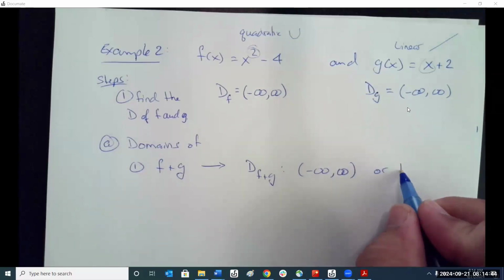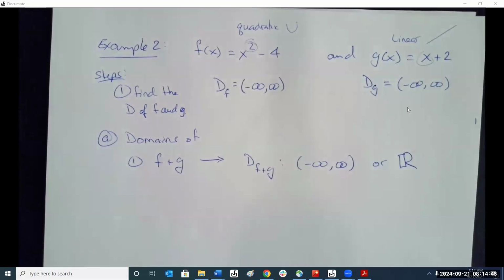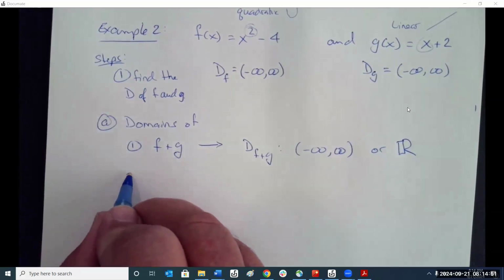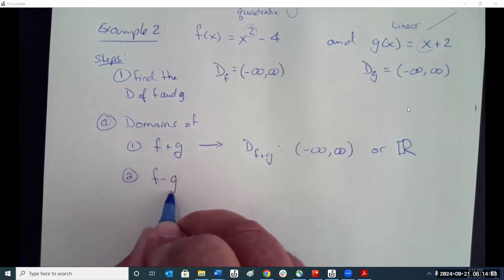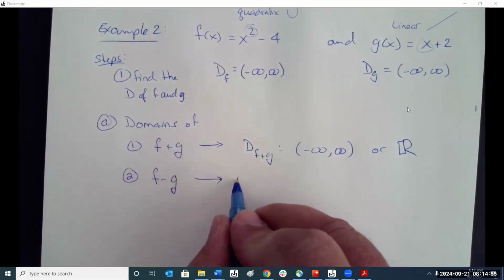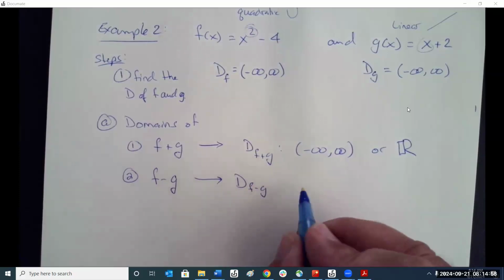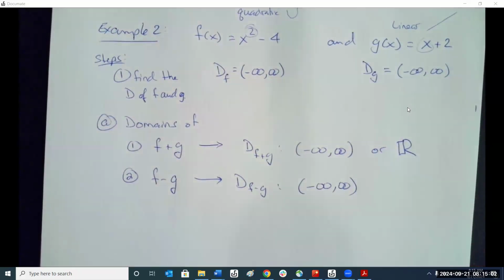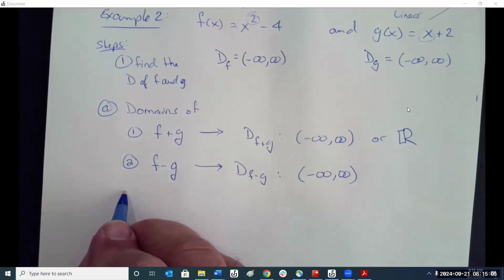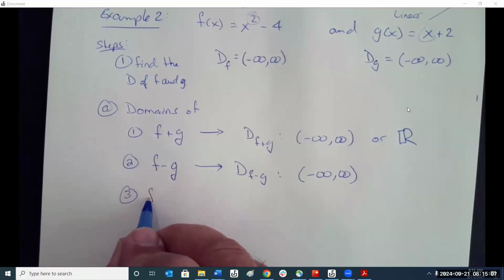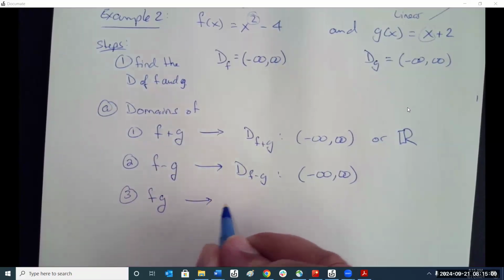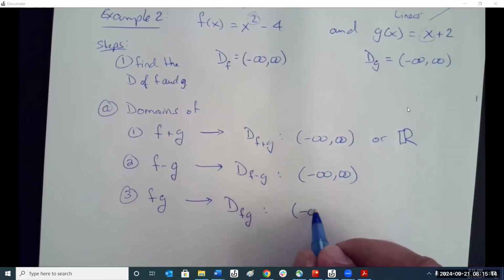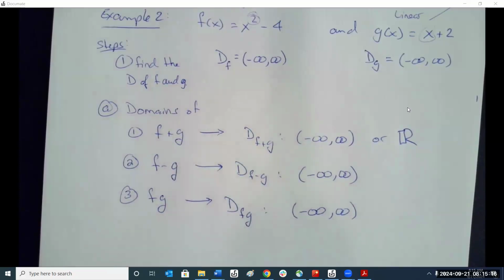Or you could write just that, the R. Similarly, for the same logic, the domain of f minus g is from negative infinity to positive infinity because they overlap. And the same thing for f times g. The domain of f times g is the overlapping of those two.